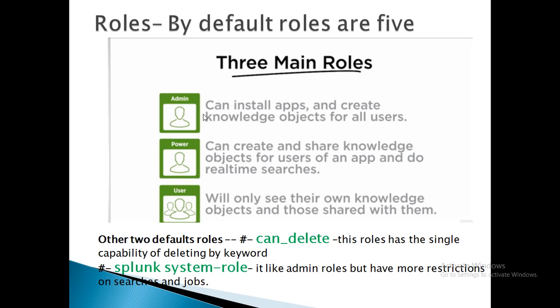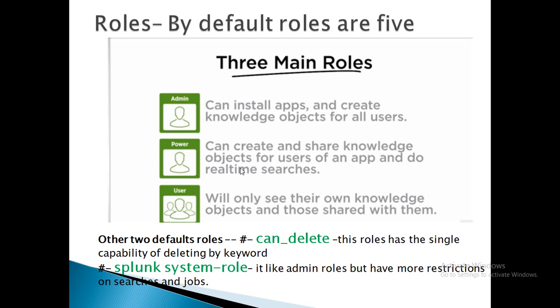So here admin only creates the apps and creates the knowledge objects for all users, and power user creates knowledge objects and shares them with other users within the application and does real-time search.